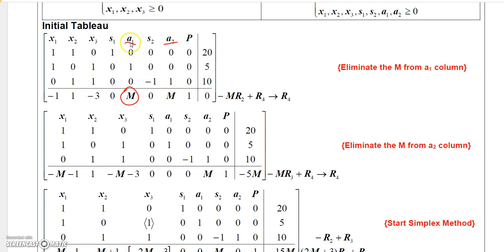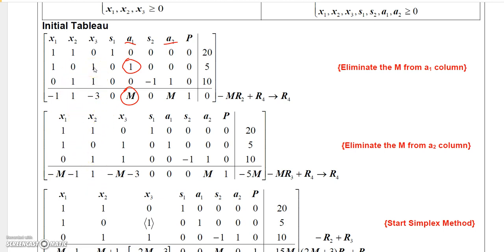So to eliminate the M that's below the a1, I can use the second row here. That way, if I multiply this row by negative M and add it to this row, it'll cancel the M. So I'll do a little bit of this for you. Negative M times 1 is negative M, add it to negative 1, and we get negative M minus 1. Negative M times 0 plus 1 won't change that.